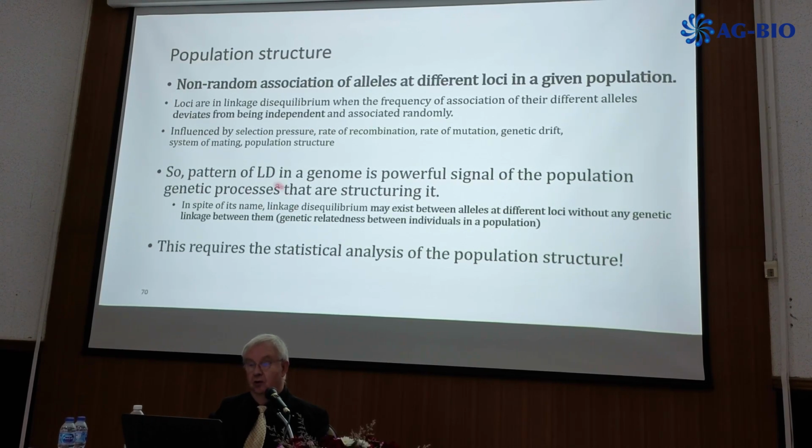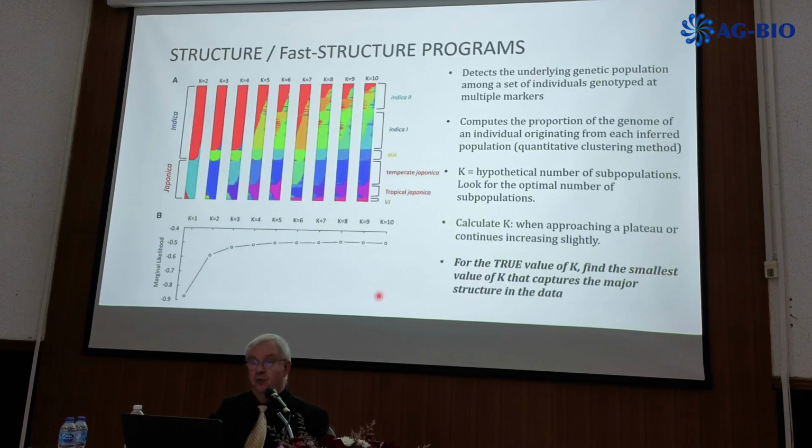So patterns of linkage disequilibrium in a genome are a powerful signal of population genetic processes that are structured in it. This requires additional statistical analysis of the population. Now, this is done with programs like STRUCTURE or fastSTRUCTURE, and also a program like EMMA. You can see how far you can put the threshold.